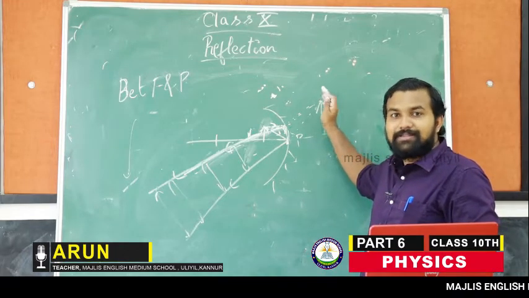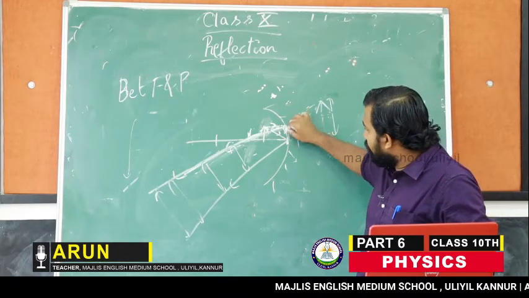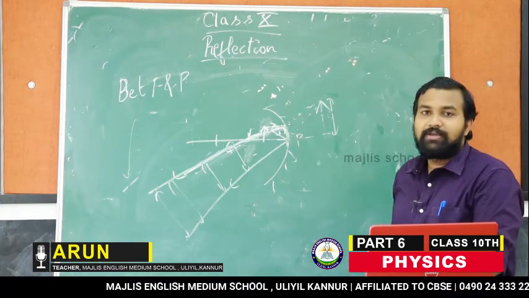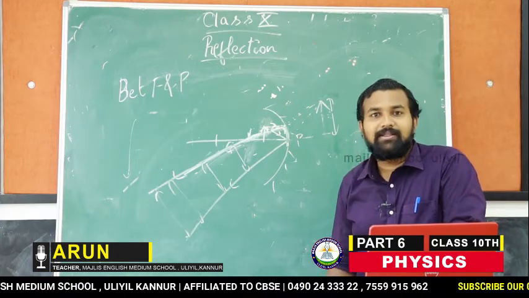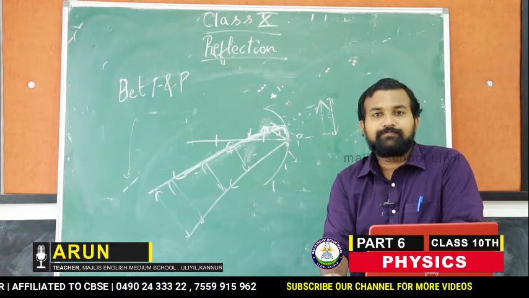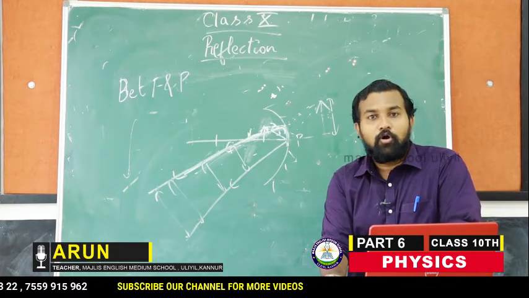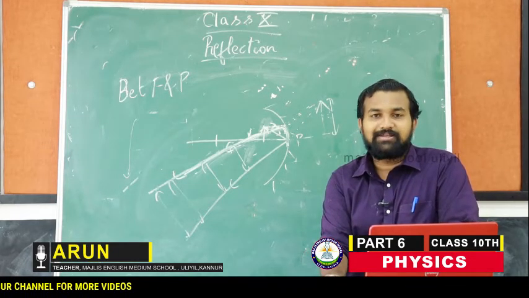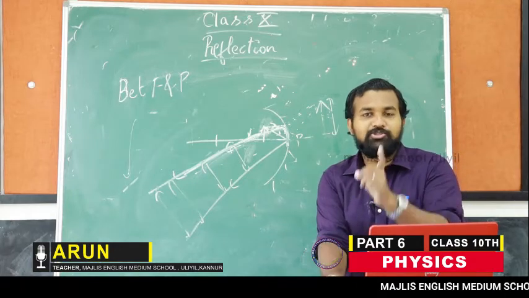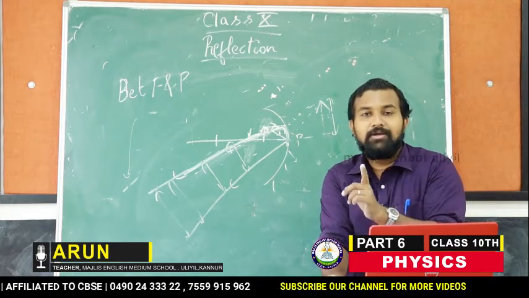How are we able to see the image? We see it because the image is formed on the mirror itself. So, important point: virtual images are always formed on the mirror itself.